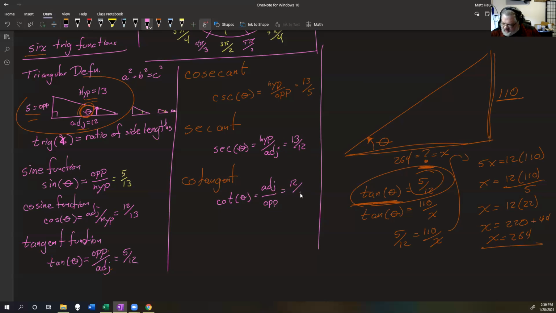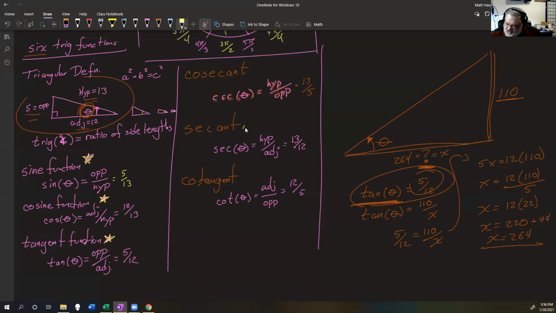So those are the 6 different ways we could relate those 3 sides, but half of them are really just reciprocals of what we will often refer to as our primary 3 trigonometric functions. We generally think of the sine, cosine, and tangent as our 3 primary functions. Most of what we will do will be dealing with those 3.